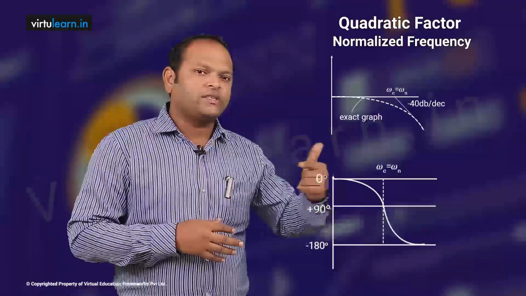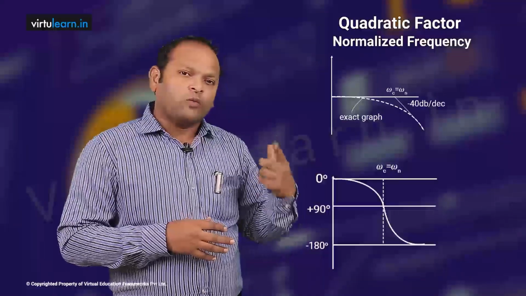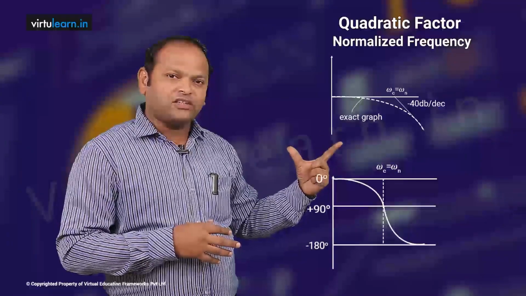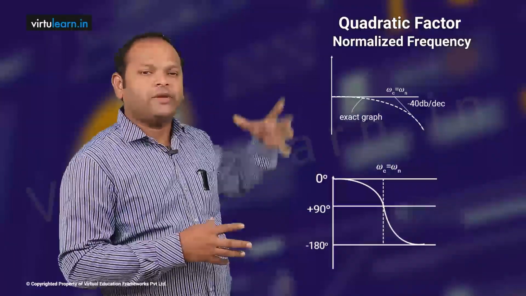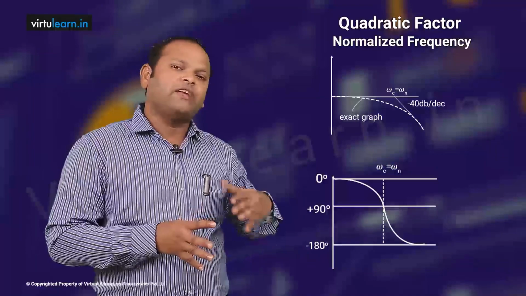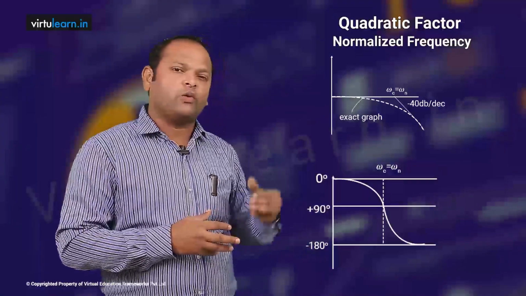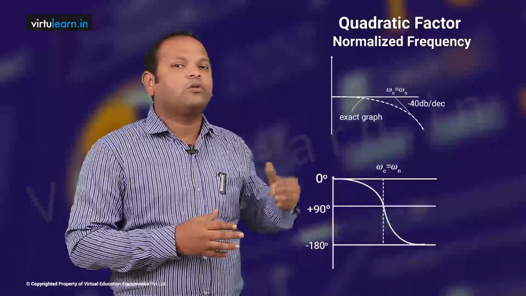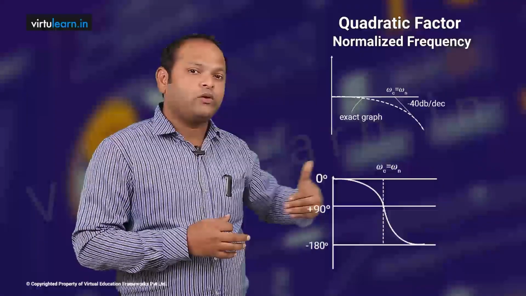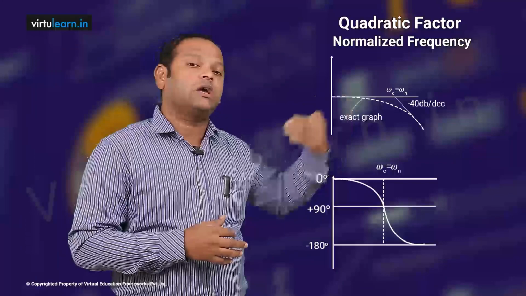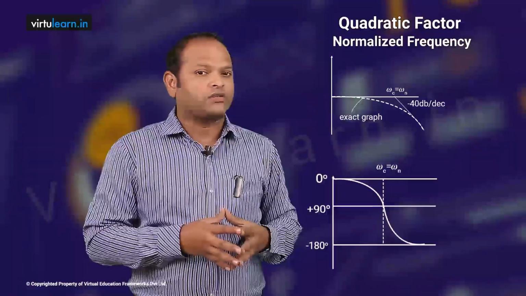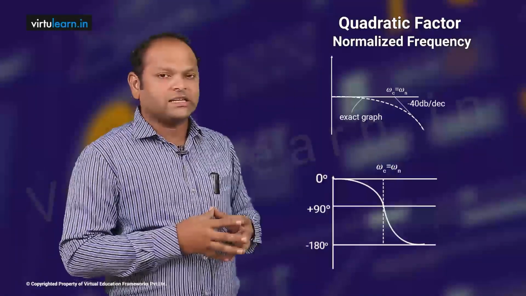We know the slope is defined in dB per decade. So for a one decade change in frequency, how much the magnitude in dB is changing, that is the slope, which plays a very important role when you are sketching the magnitude plot or analyzing it. Sometimes, when you have the magnitude plot, you can even find the open loop transfer function of the system from the frequency response.